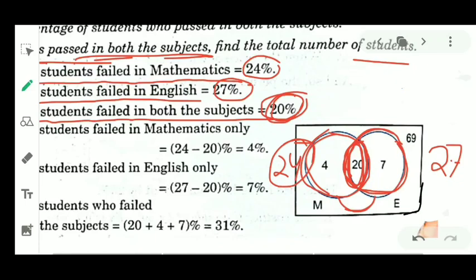Then what is left? In mathematics we have 4, in English we have 7 students. Clear? 20 students is common in both the subjects. We are left with only 4 students who failed in mathematics only, and 7 students who failed only in English.